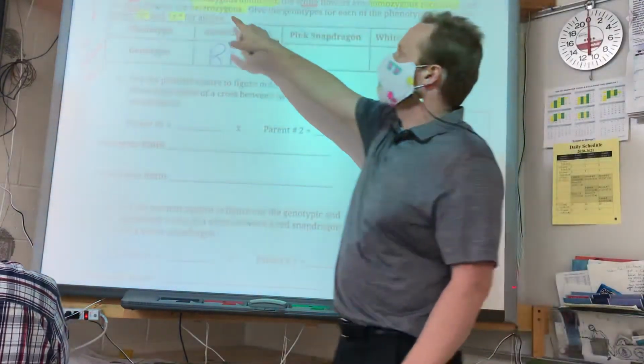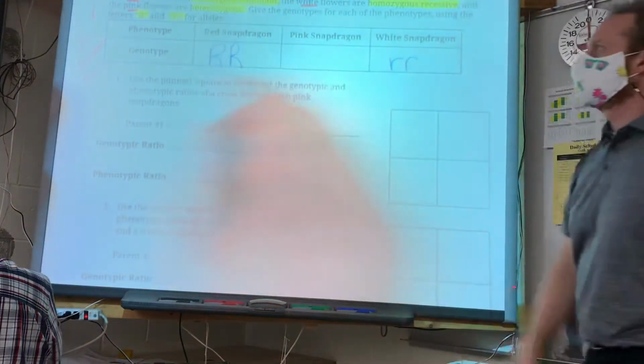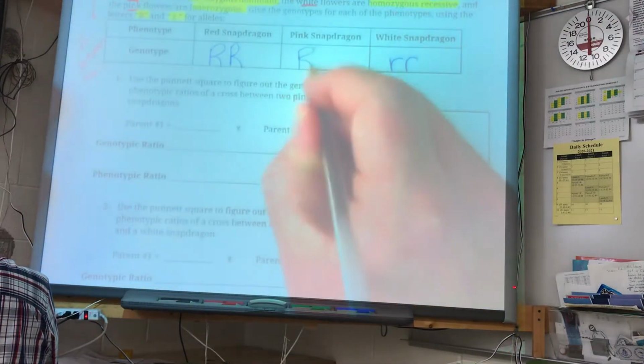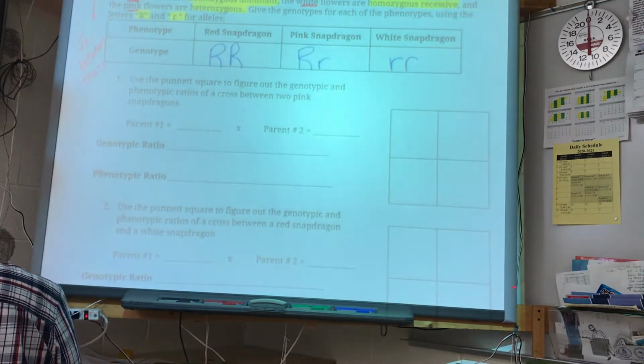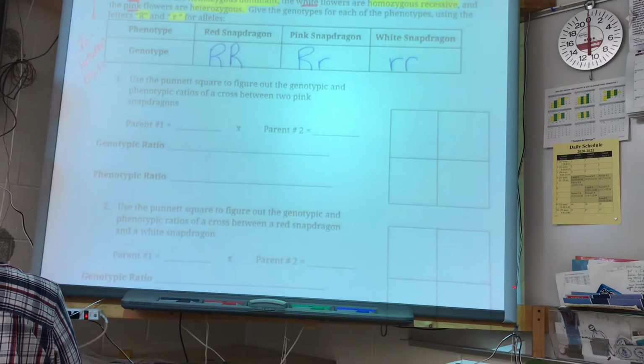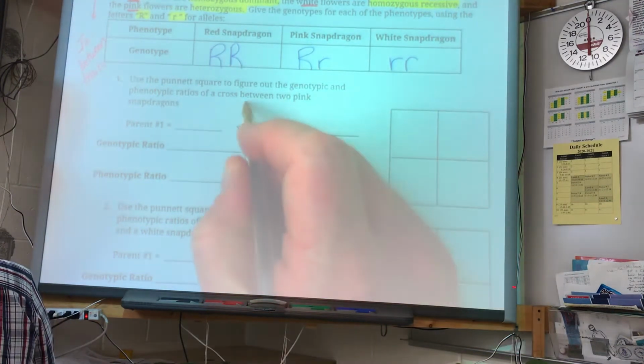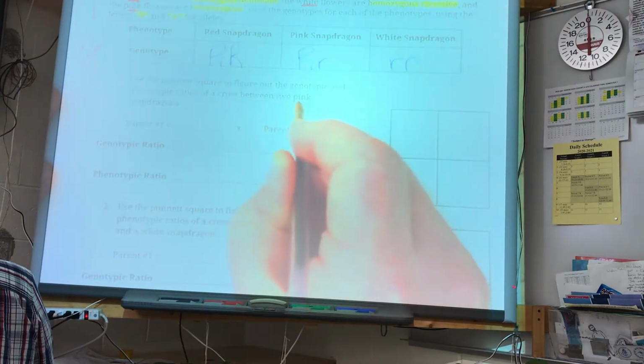And pink is the heterozygous trait, so that's going to be, I'll fill it in for you, big R, little r. The genotypes dictate the phenotypes. Okay, so being able to go back and forth between these is going to be important.